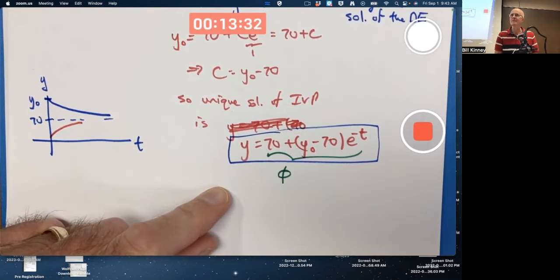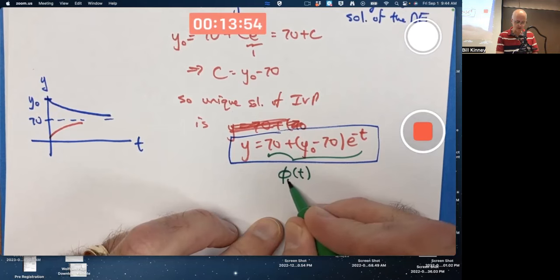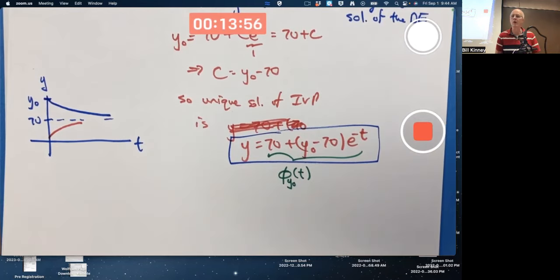Phi of t is going to be the name of the solution. Our textbook does not use this notation, but other differential equations textbooks sometimes do. And I'm even going to do a little bit more. I'm going to use the initial condition, y naught, as a subscript. Phi sub y naught of t.